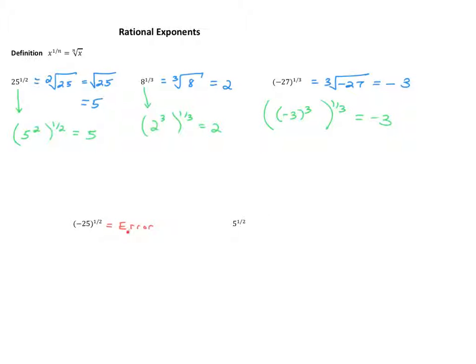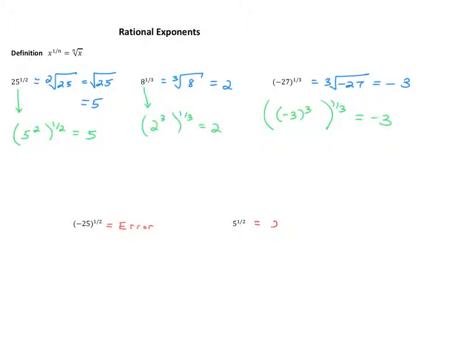It would show up in your calculator. Also, over here, I have 5 to the 1/2 power. And it might be that you're unable to compute the answer like we did up here. So if I type this one, 5 to the 1/2, this gives me a decimal that goes on forever.